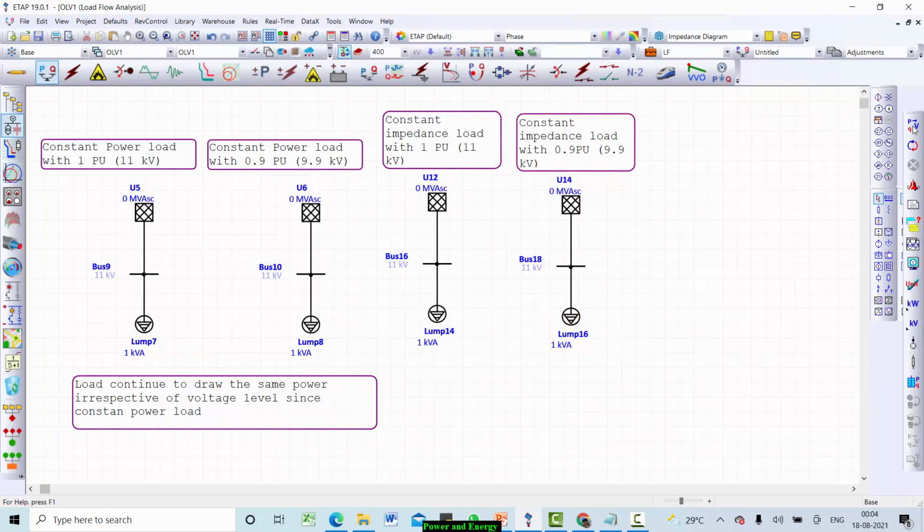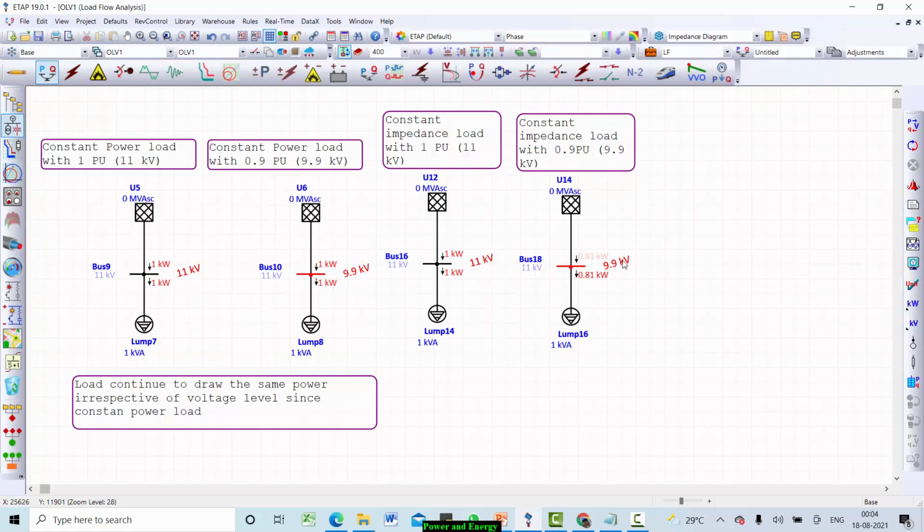Run this model again. Now look at the load power. On 11 kV, the load power is 1 kilowatt; at 0.9 per unit, that is 9.9 kV, the load power is 0.81 kilowatt. So this is what we observed in the hand calculation.